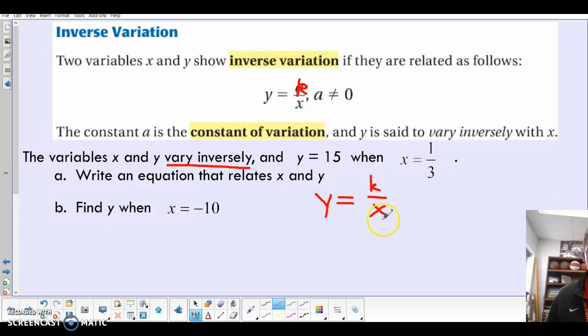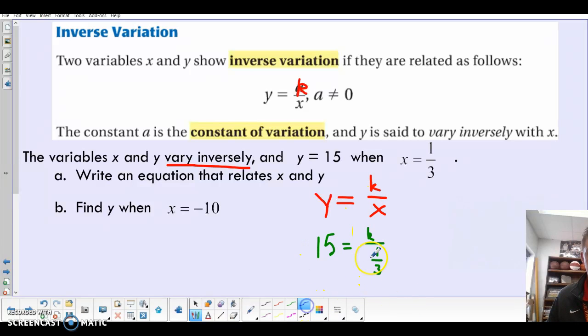I've got three variables, x, y, k. Now I'm going to play the algebra game of plugging stuff in to figure out what I can solve for. So 15 equals k divided by 1/3. Solve for k.